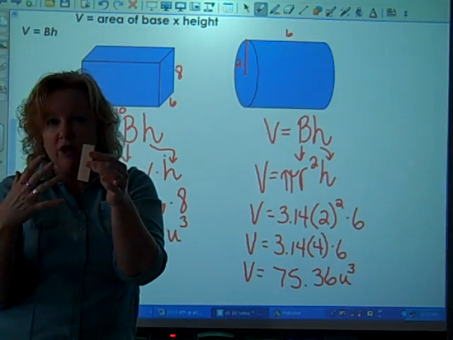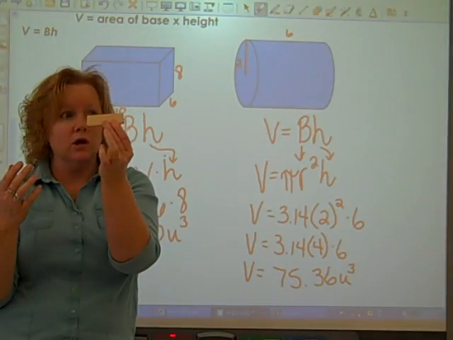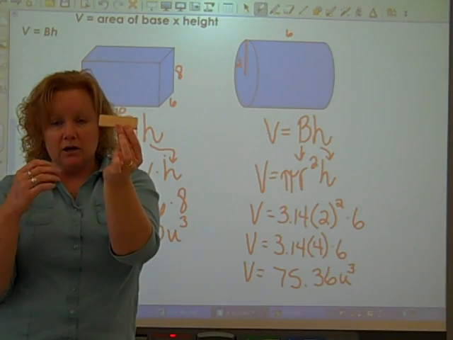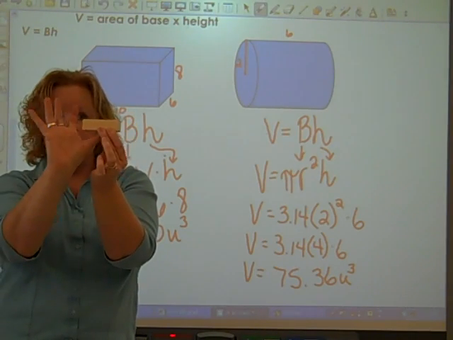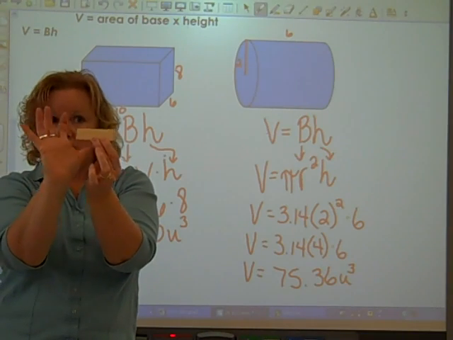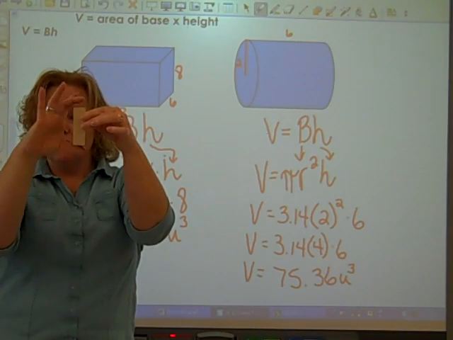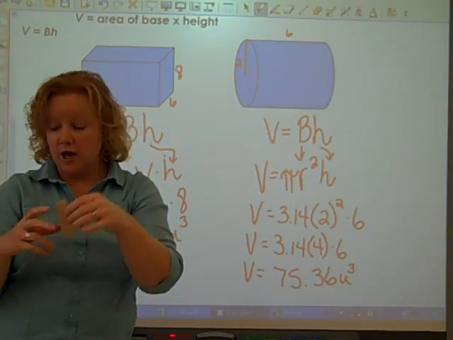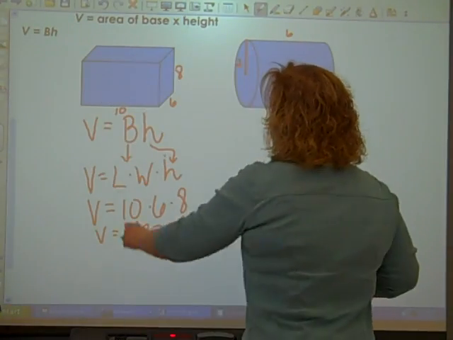You have to know that, because when you start doing your homework and it's sitting like this on the page, people get confused and want to say that this is the base, but it's not. So you always look for those parallel faces. Makes sense? Okay.